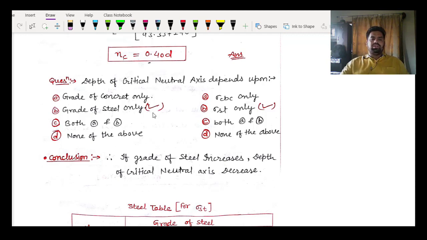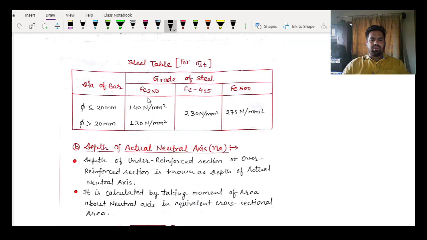Okay, so here is a table for the sigma ST value. So if you are using these three grades, Fe 250, Fe 415 and Fe 500, and these grades are given to you in the question, how will you determine the value of sigma ST? Okay, for Fe 250, the sigma ST value depends upon the diameter of the bar used in the question.